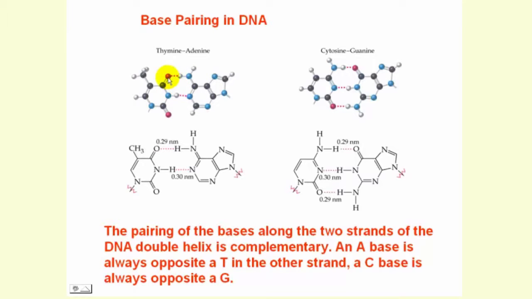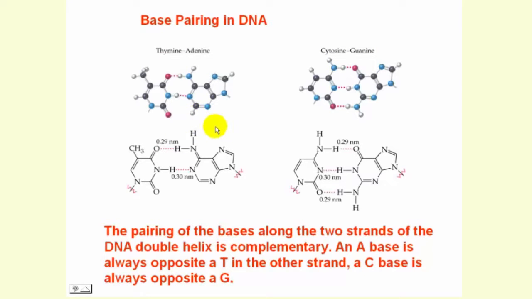So there's an oxygen atom here, and there's a hydrogen bond between an oxygen atom here and a hydrogen atom that's bonded to a nitrogen on the other base, and the same here. Notice that cytosine and guanine have three hydrogen bonds: 1, 2, 3. It wouldn't be possible for an adenine to bond with a cytosine or a thymine to bond with a guanine. So this is how the base pairing works.